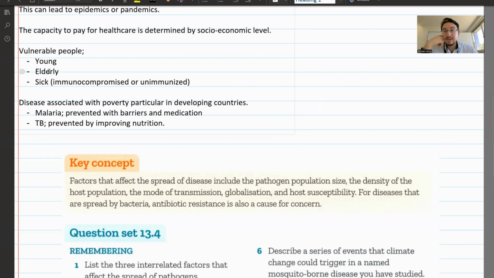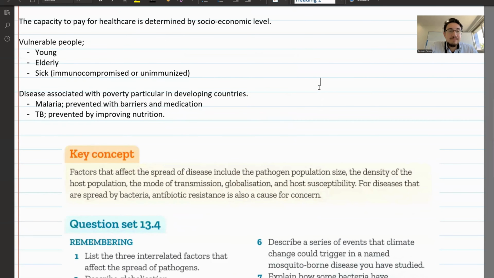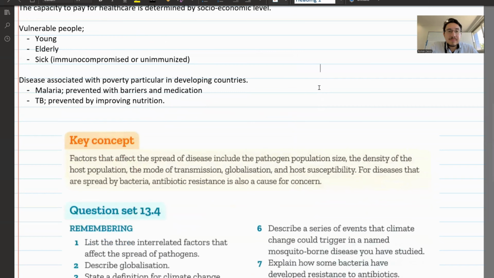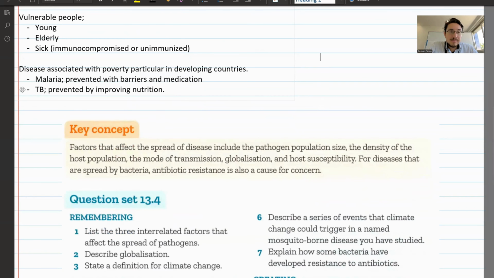The elderly are on the other side of the spectrum, as their whole immune system generally goes down, along with the immunocompromised or the unimmunized. If you remember, during the early days of vaccination, the first people getting the vaccines were the elderly.